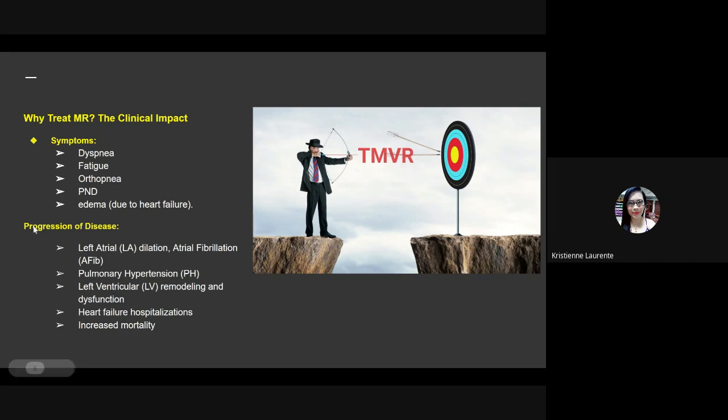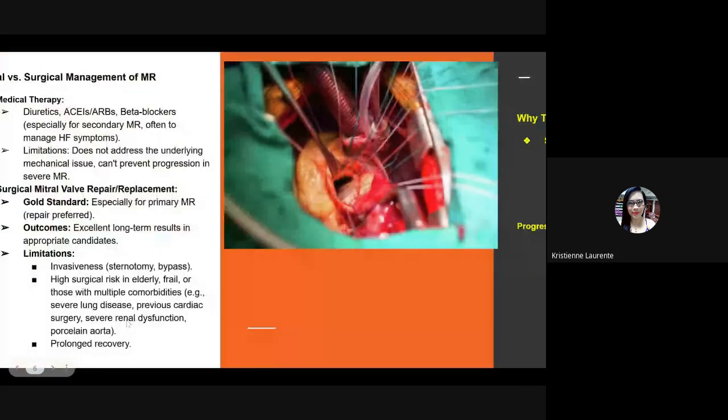That's why it will initiate as mild MR. Then afterwards, it will go to moderate to severe MR. So once the disease or the cause of the disease is not treated, it will progress to certain abnormalities or dysfunction of the patient's heart: left atrial dilation, pulmonary hypertension, LV dysfunction, heart failure, and it can increase the mortality of the patient.